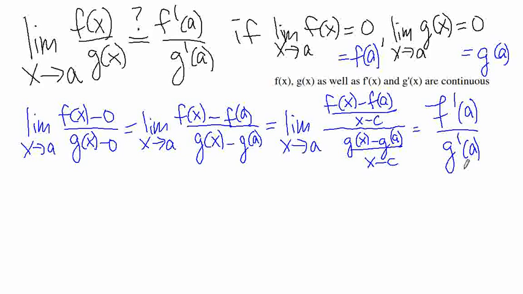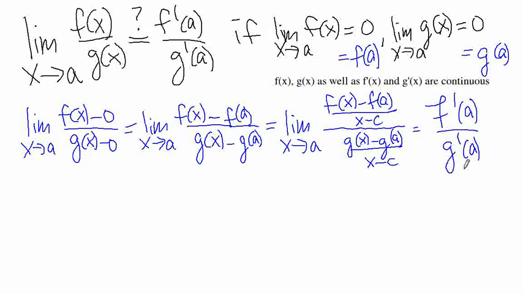It's also true if the limits gave you infinity over infinity, although I'm not going to prove that. All right, so let's now finish with a few more examples. And let me make one comment. People sometimes get so excited by L'Hopital's theorem that every time they see a fraction, they want to take the derivative of the top and bottom.